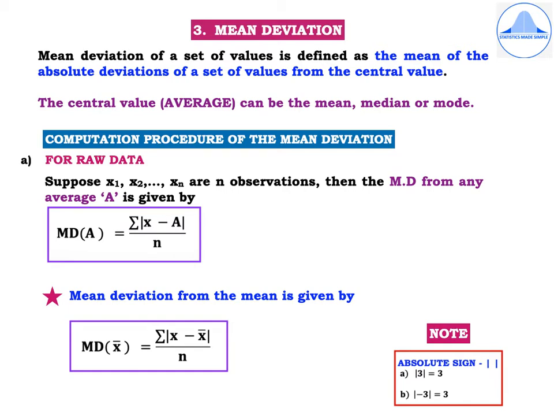So the formula is given by MD of A equal to summation modulus of x minus A divided by small n.